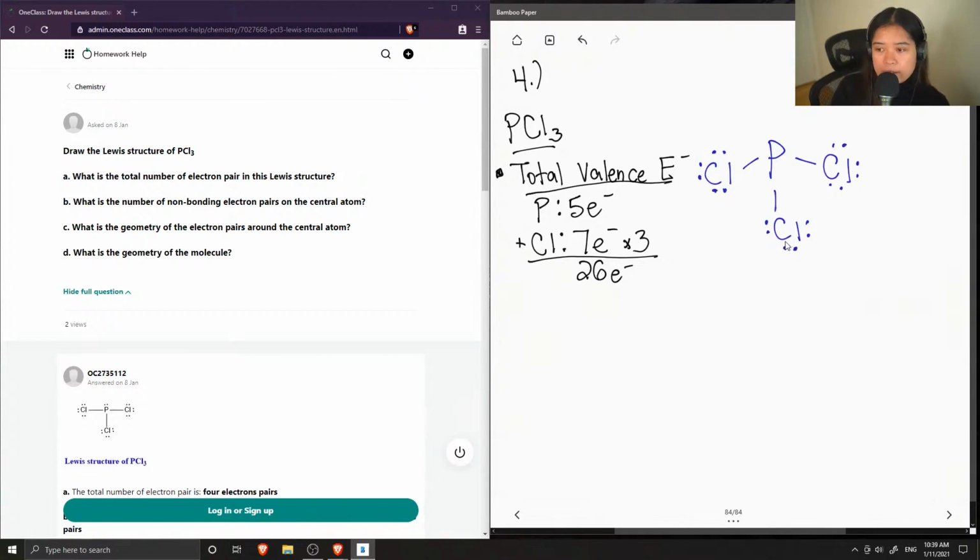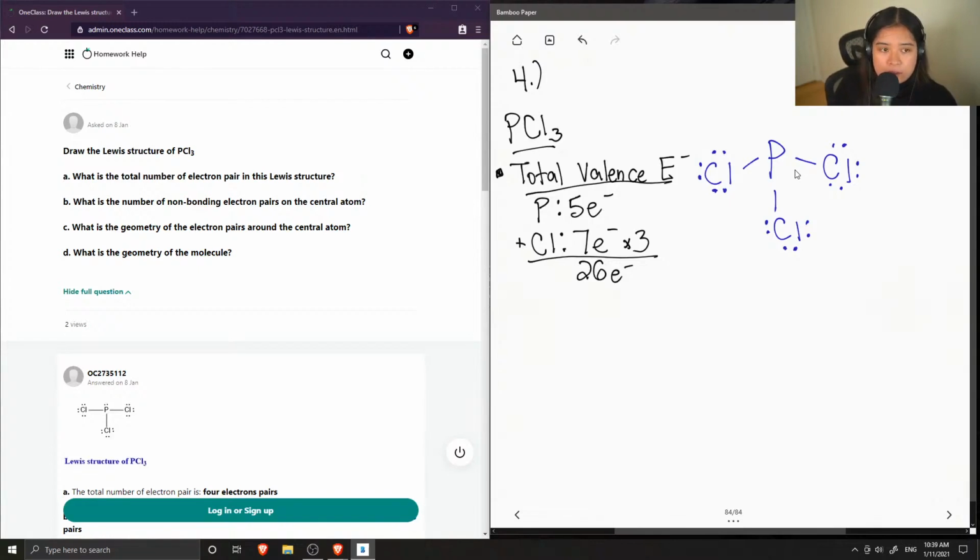If I count out how many electrons I've drawn so far, each bond contains 2 bonding electrons. So we have 3 bonds and 6 bonding electrons, and then each chlorine atom has 6 valence electrons. So I've drawn a total of 24 in this structure.